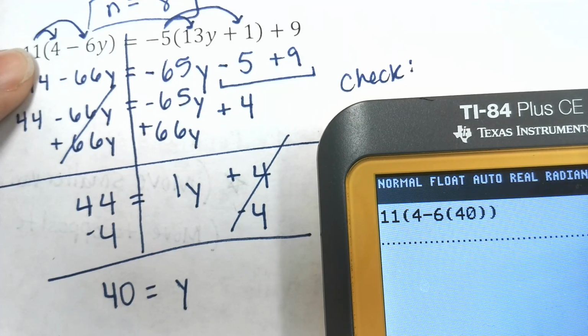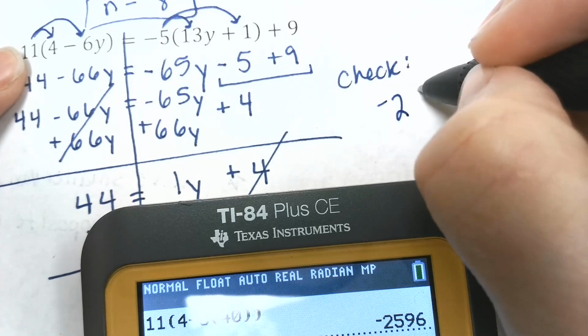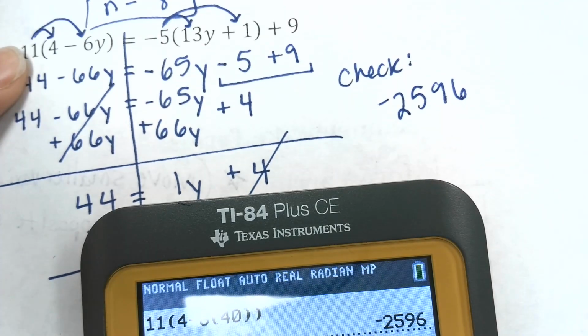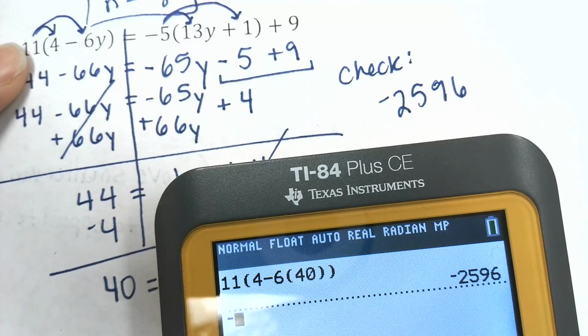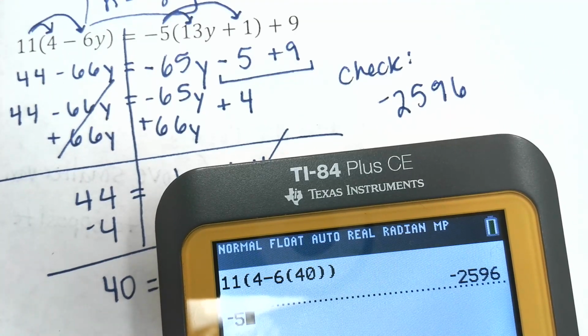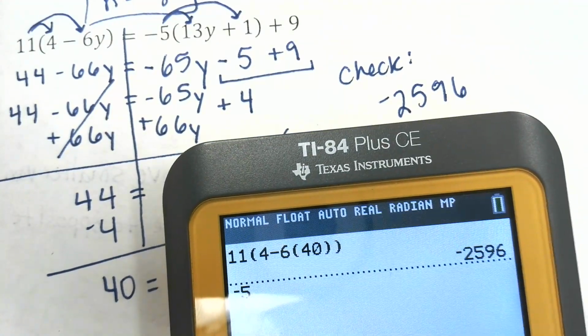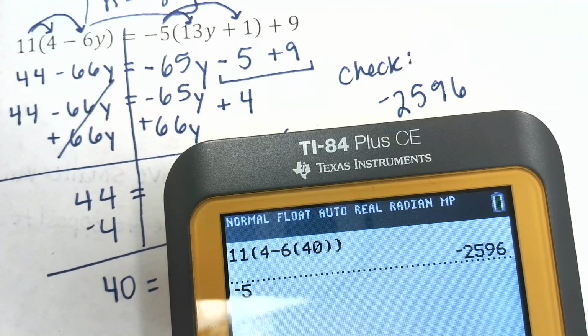Negative 2,596. Okay. Let's see if it equals the other side. Negative 5. So a lot of people get confused with, do I put a negative or minus? Well, it depends on how you're saying it. If this is a negative 5, I'm going to use the negative button. If it's a minus 5, like 2 minus 5, then I'd use the minus button.